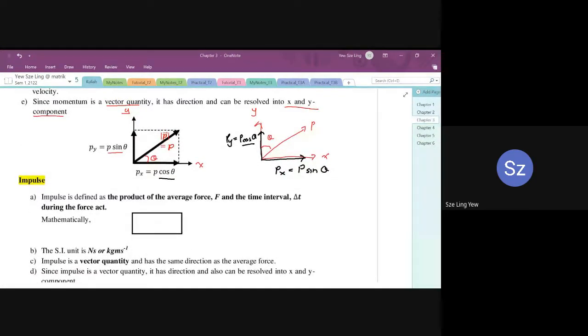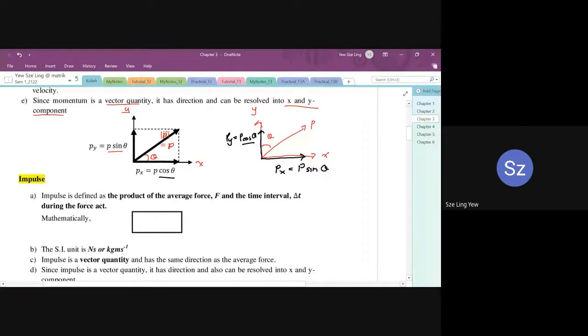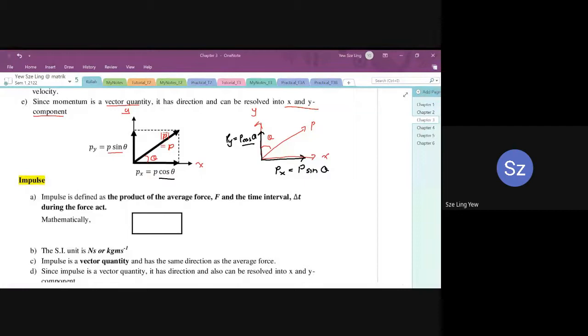Now, since momentum is related to mass in motion, the value of momentum will be affected by the mass and also the velocity.